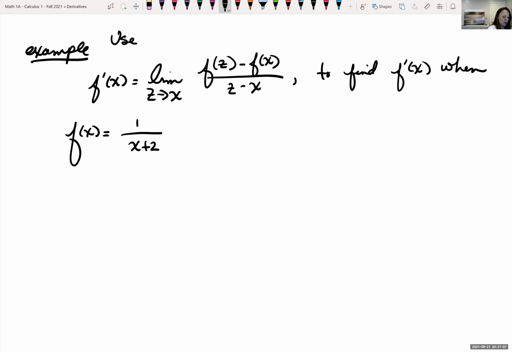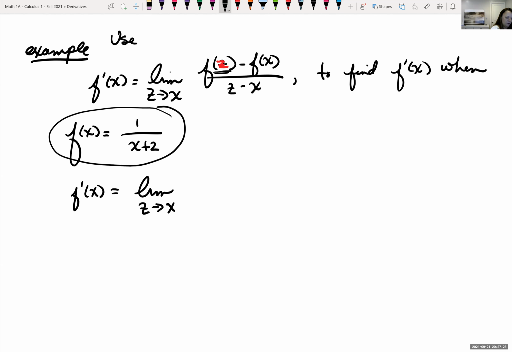So let's look at what it means for this piece, f of z. When it tells me to find f of z, it's just telling me to go into my function f of x, and wherever I see an x, I replace it with z. And so doing that, I'm going to have 1 all over z plus 2.